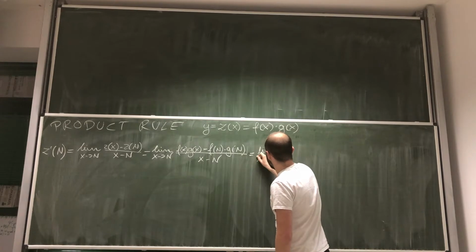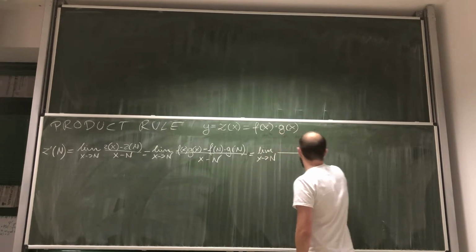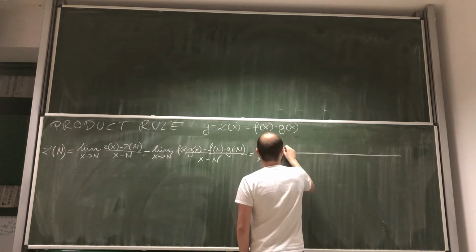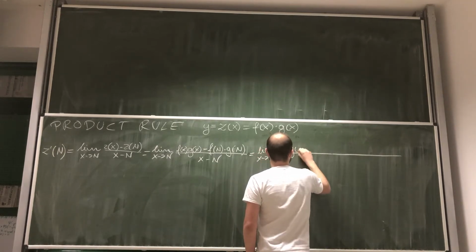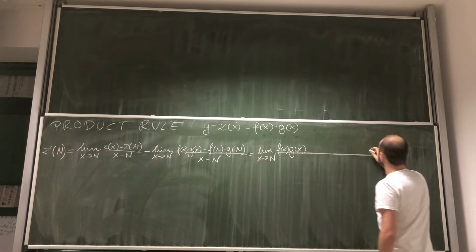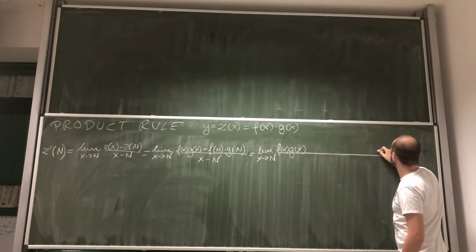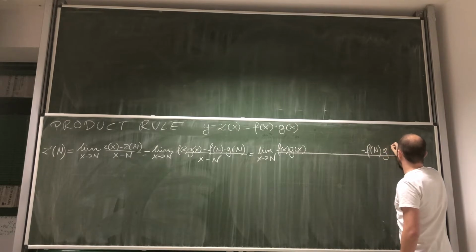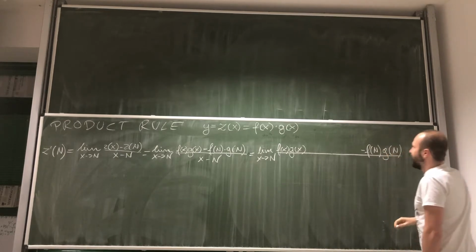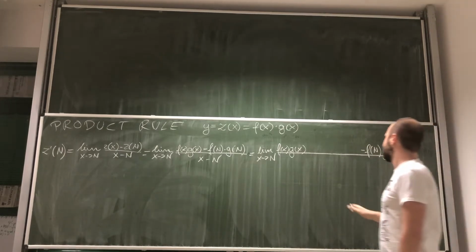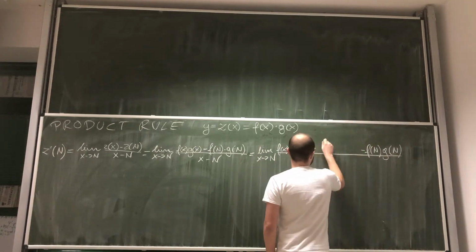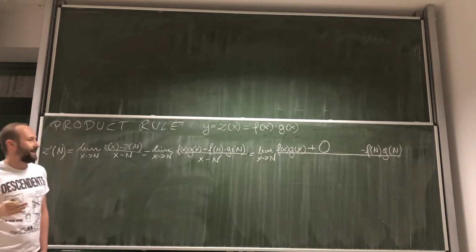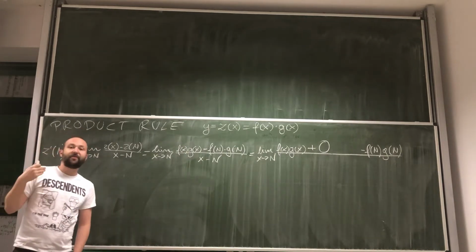A limit with x approaching n, and over here we will have f of x times g of x, and somewhere at the end we're going to subtract f of n times g of n. And I'm going to add 0 here. Why would I be adding 0? It doesn't change a thing.